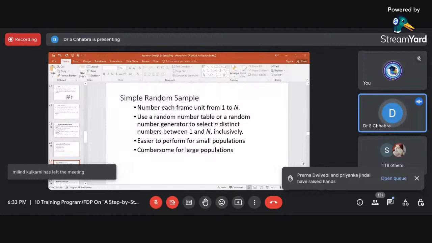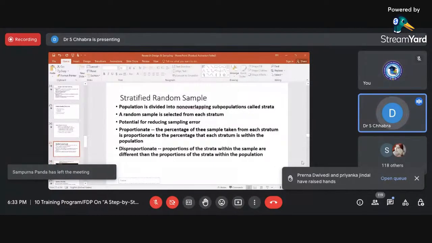So you pick a list, and from that anyone can be chosen to answer the question. In the examples I gave, this would be a list of a few hundred, so it becomes easy to apply a simple random sample. Like, say, a society with 100 flats: you know there would be names of 100 families or 100 owners, so it becomes easy to do a study like this.